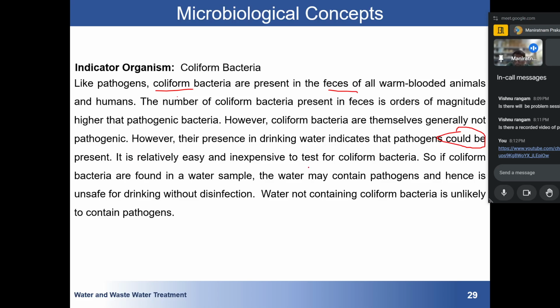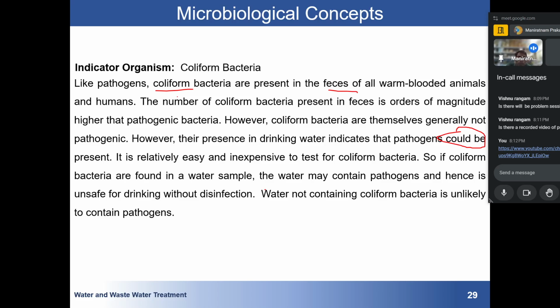It is relatively easy and inexpensive to test for coliform bacteria. So, if coliform bacteria are found in a water sample, the water may contain pathogens and hence is likely unsafe for drinking without disinfection. Similarly, for wastewater, before treatment we measure this too, and obviously pathogens will be present here.